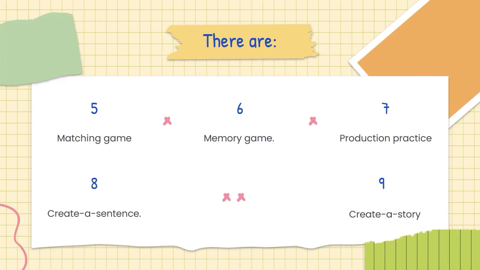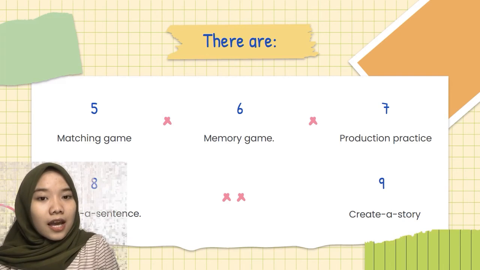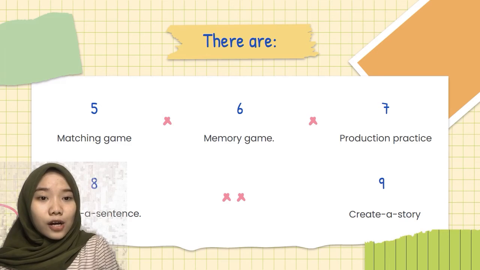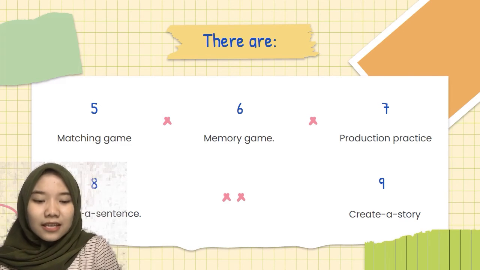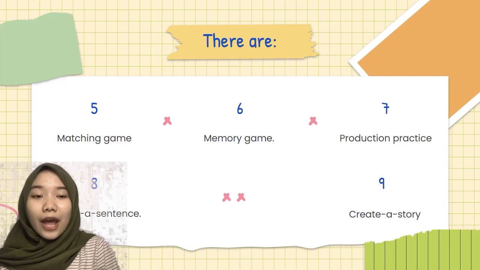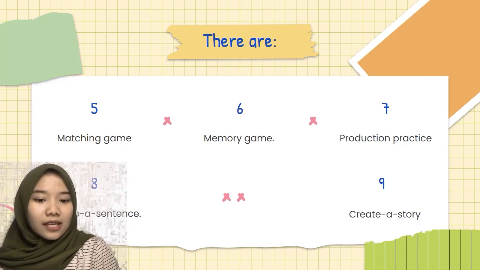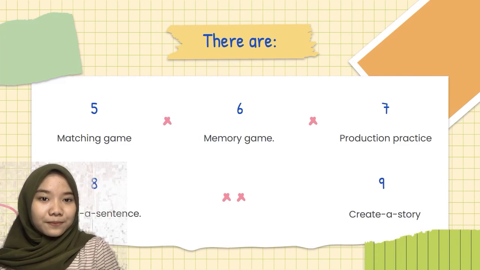pairs. Okay, next is create a sentence. Cut pairs in half, shuffle the cards and draw two to three cards. Make up sentences using those cards and have the child repeat the sentence. If they can, have the child make up their own sentence.